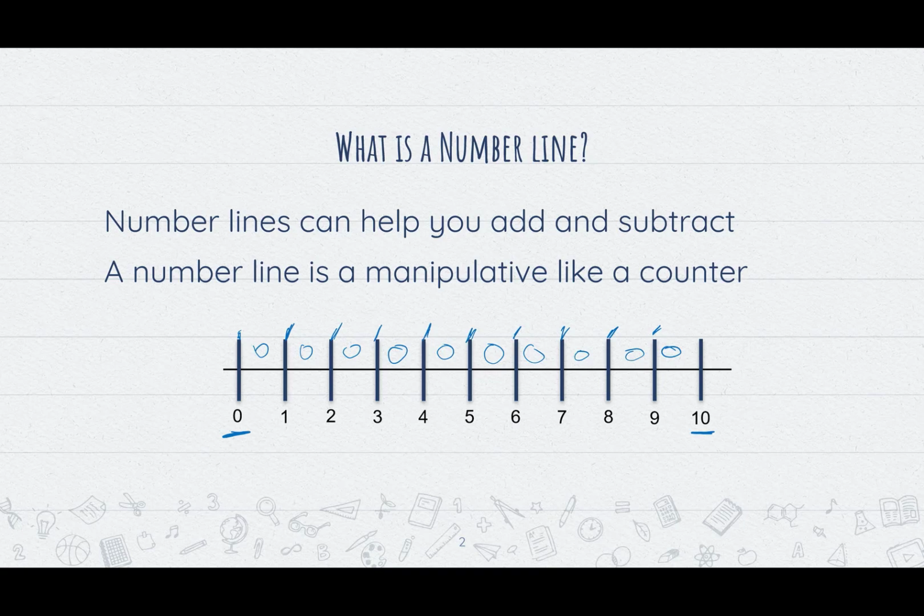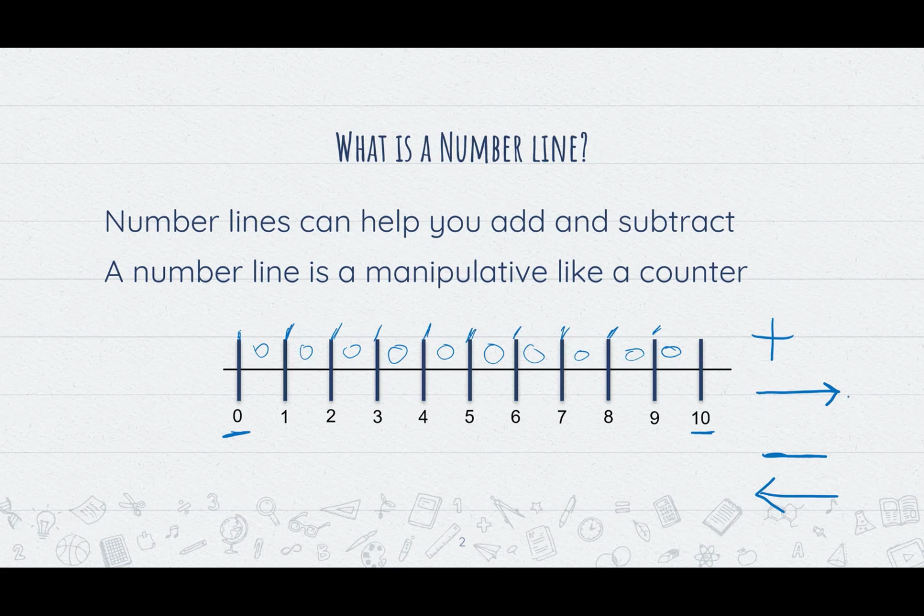So we're just going to practice using number lines again. And remember what we said yesterday: when you're doing addition with a number line, you always want to go in this direction. And when you're doing subtraction, you want to go in the other direction.